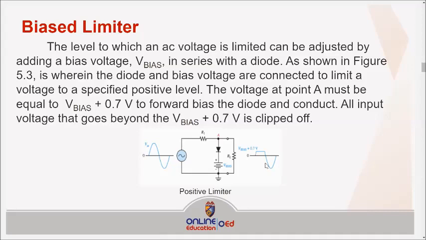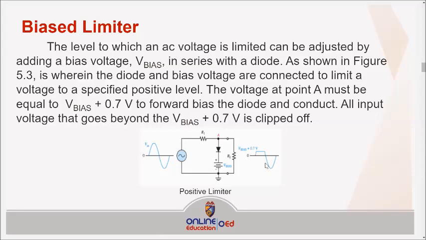Pag lumampas na doon sa value ng V bias plus 0.7 volts, or for example, ang V bias natin ay 0.2, eh di 0.2 plus 0.7, then that will be equal to 0.9. Then, lahat ng mga voltage na lumampas doon sa value ng 0.9, for example 1.0, ay magiging clipped off na siya.